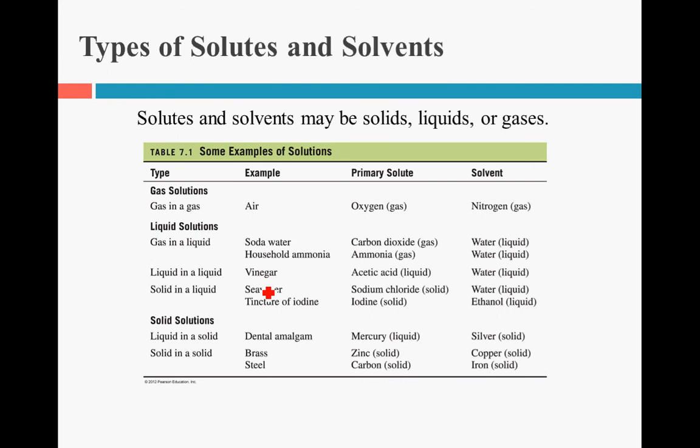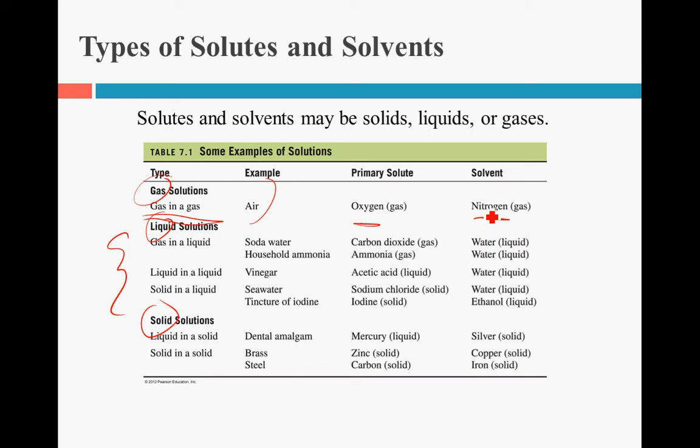Solutes or solutions can be gas, liquid, and solid. Most people only think about the liquid solutions, but it can actually be any of those three physical states. For instance, a gas solution is air, the air we breathe. It's not just oxygen. It's oxygen and nitrogen, and it could be other molecules as well, but those are the two primary ones.